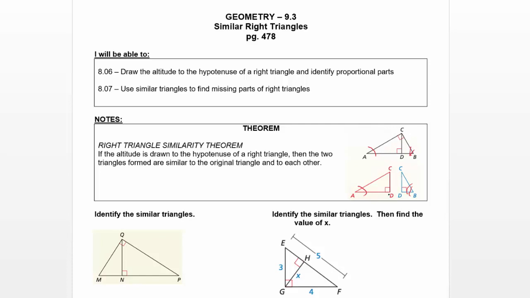And because the angles of a triangle always add to 180, this third angle, angle C, has to be the same size as the third angle in the big triangle, which is the same as angle B. And similarly, this smaller angle that's a part of the original right angle in the blue triangle is the same as the original angle A.